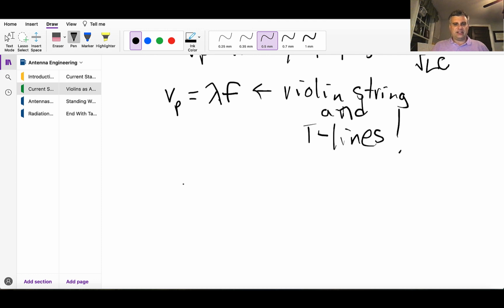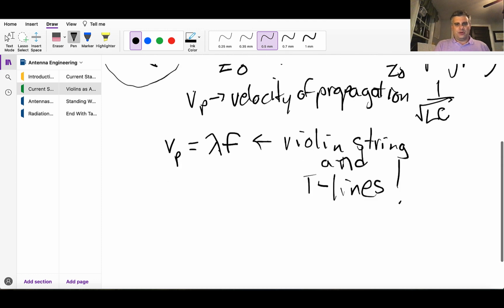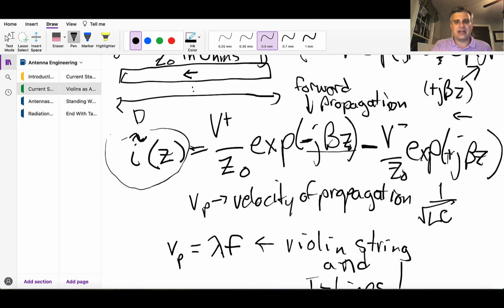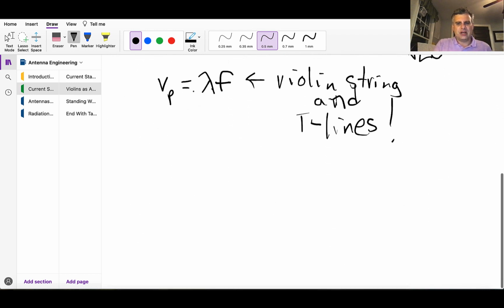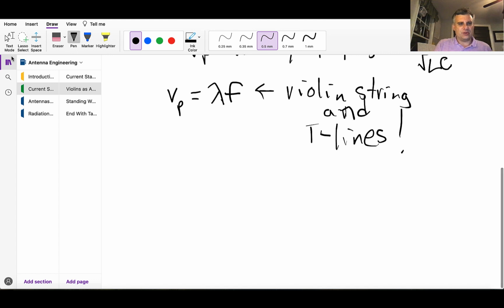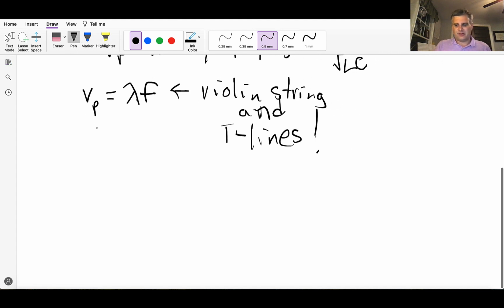Okay, so let's continue on in this math. Now we went up here, we said that we have the voltage and the current solutions, but really there are some simplifications we can make.